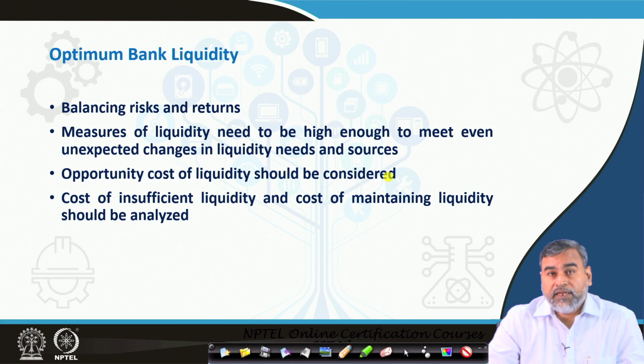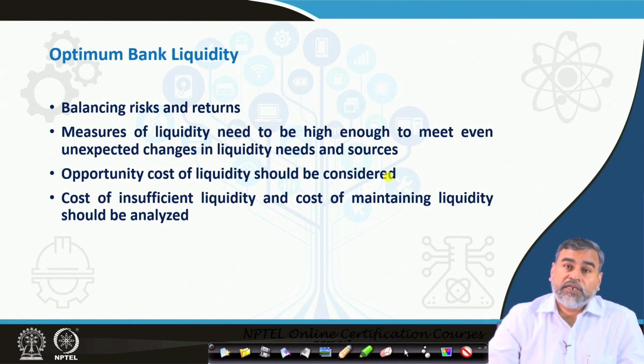If they are not maintaining, they are incurring a loss because there is a cost involved. If they are maintaining, they are incurring a cost. If the revenue they are generating against that is more than the cost, then it is okay, then it is ideal for them to go for maintaining the liquidity.